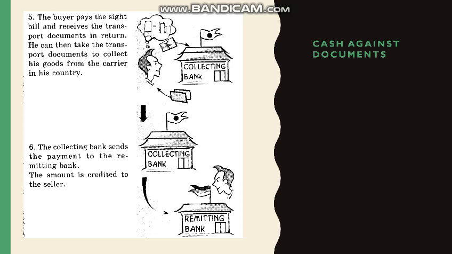The inspection company will then seal the goods and issue an inspection certificate, which has to be sent to the collecting bank with the transport documents and the sight draft.